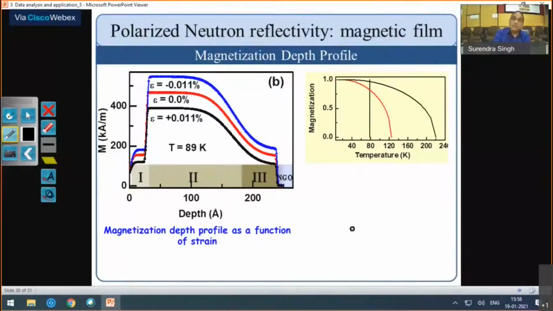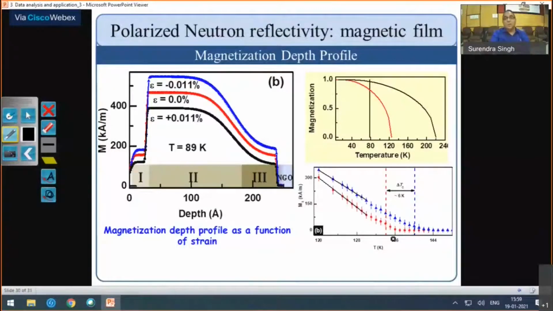In fact, later on we did this experiment and found that there is a change in TC also. We found TC increased by 6 K when we applied a compressive strain of 0.011%. This is very small, but this is purely bending strain we have applied. So this clearly says that there is a strain field which influences the magnetic and electronic properties of these films, and we got this only from these PNR measurements.